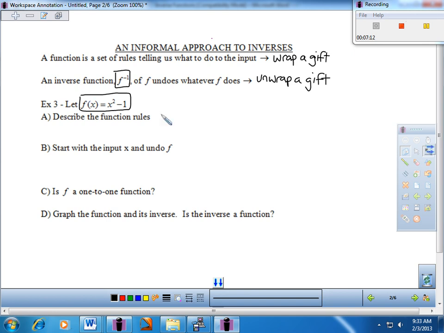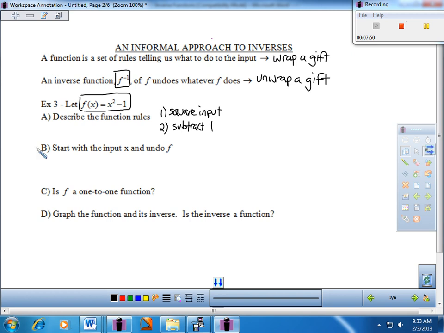So the way I'm seeing this, of course, is the first thing I would do is square the input. If you don't mind, can you write that piece on your paper? We would square the input, whatever it may be. And then the second piece, the second rule, so to speak, would be to subtract 1. So after squaring, we subtract 1.